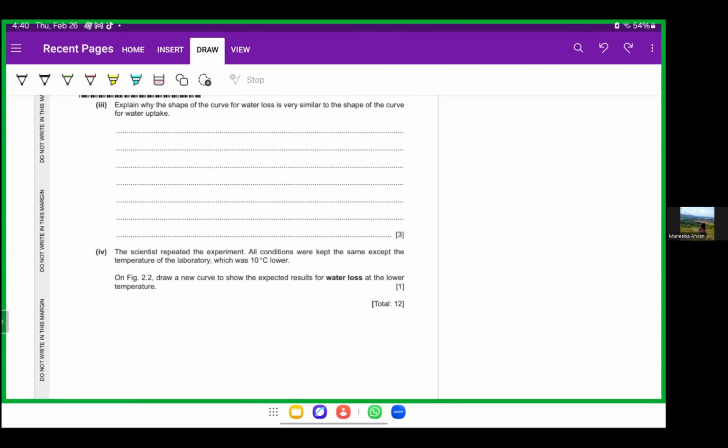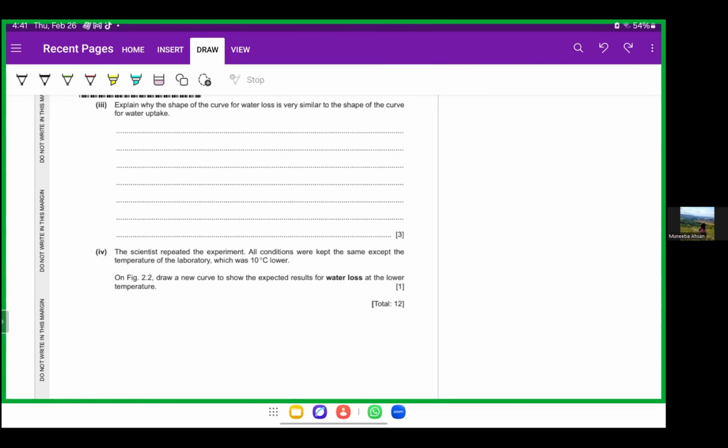The more you sweat, the more urge there is to drink water. Similarly, when plants lose water, they also need to take water back up. Now in this question, they are asking why the shape of the curve for water loss is very similar to the shape of the curve for the water uptake. So you have to provide the reasons for it.